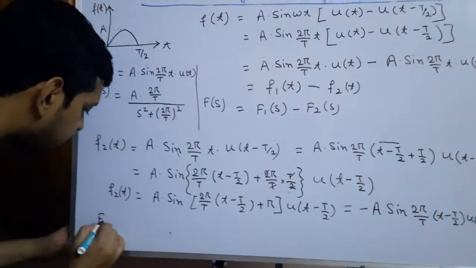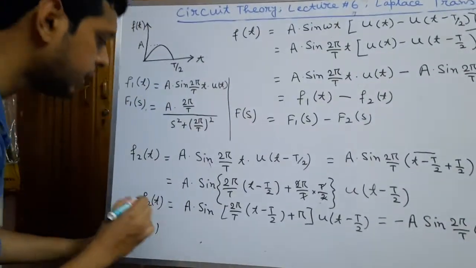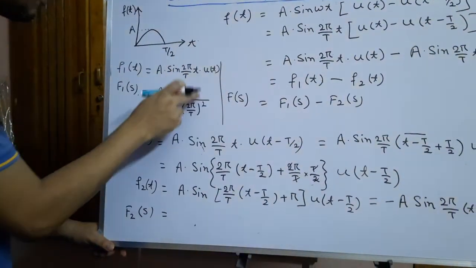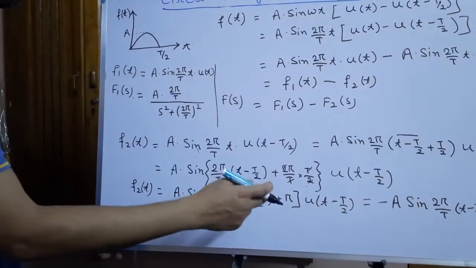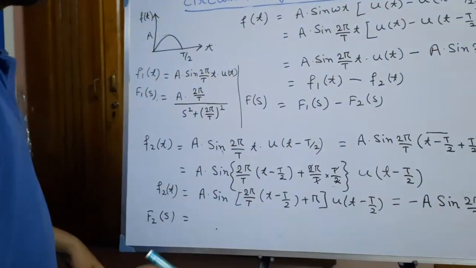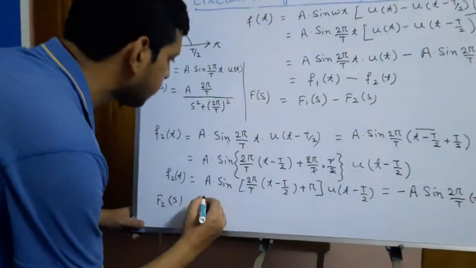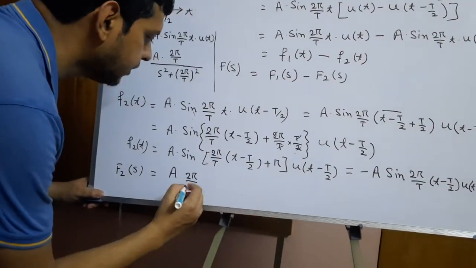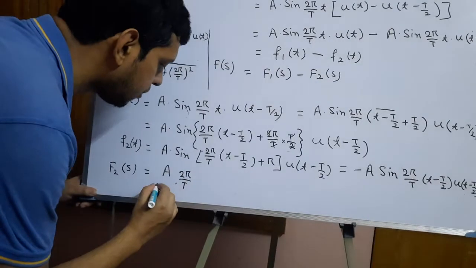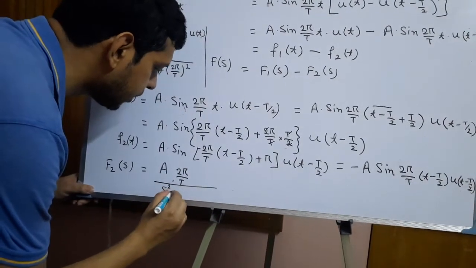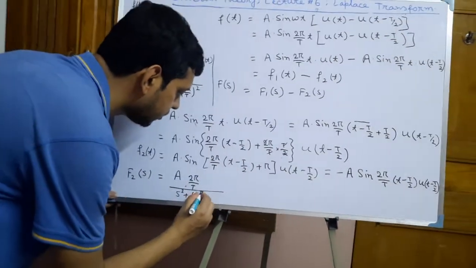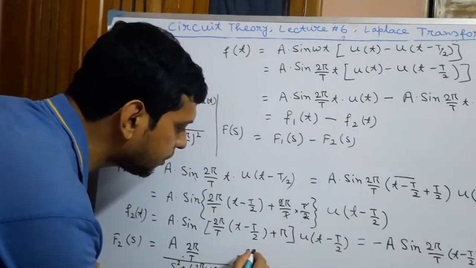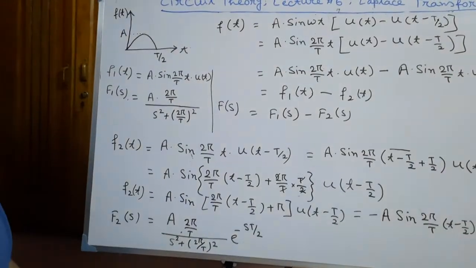Therefore the Laplace transform of f2(t) equals the Laplace transform of f1(t) times e^(−sT/2). So this is equal to A(2π/T) / [s² + (2π/T)²] times e^(−sT/2).